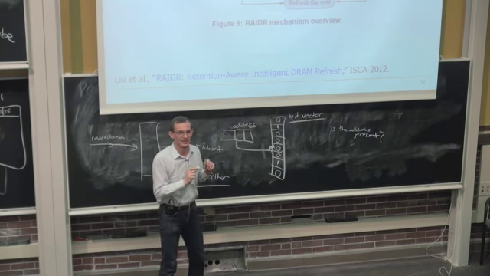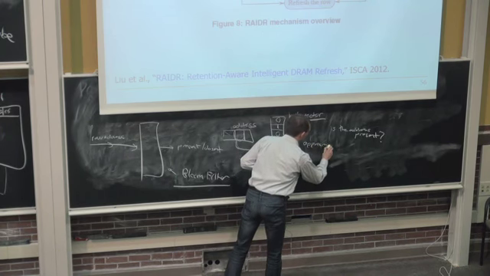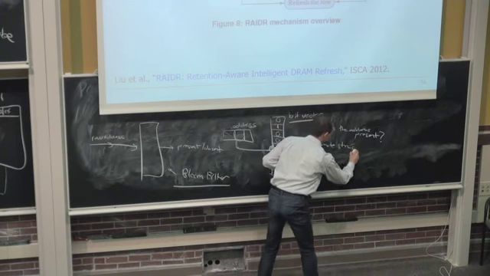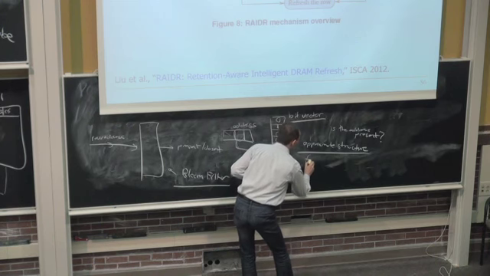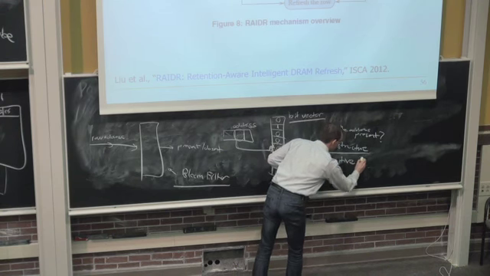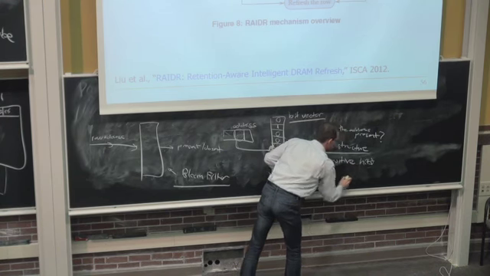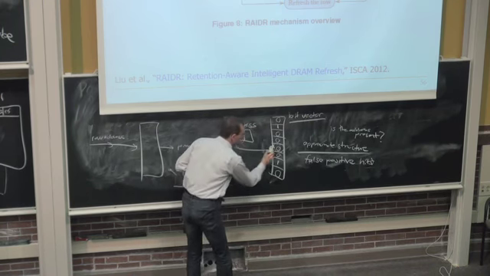Okay. So basically, it's an approximate structure, if you will, that can have false positive hits. Meaning, it can tell you an address is present when it's not supposed to be, because multiple addresses map to the same location.